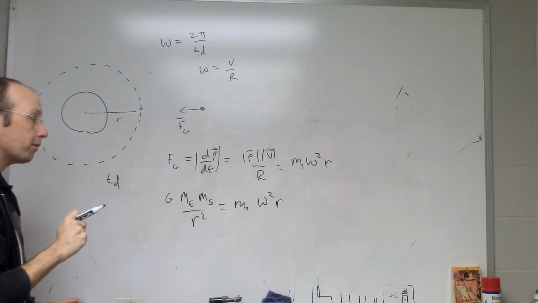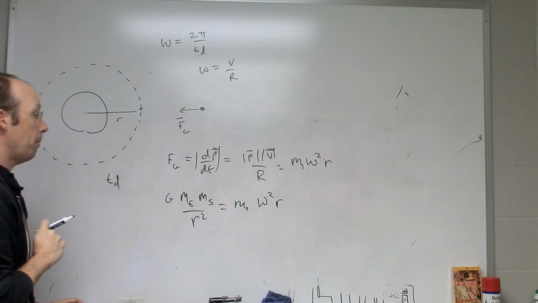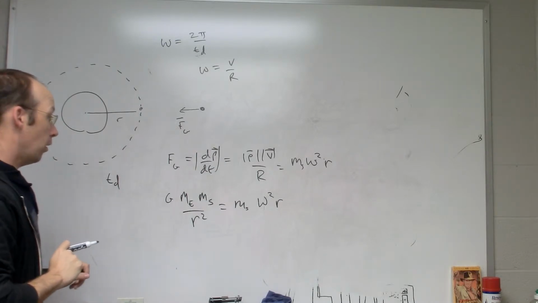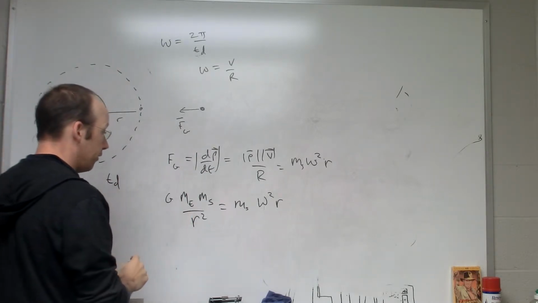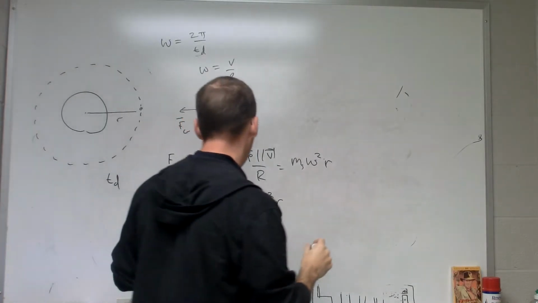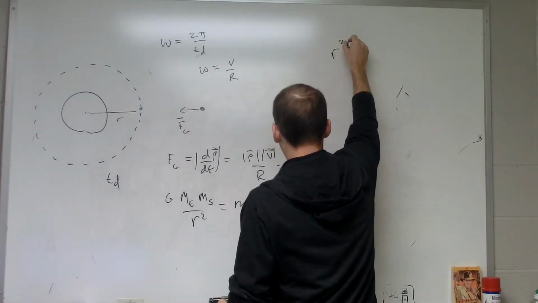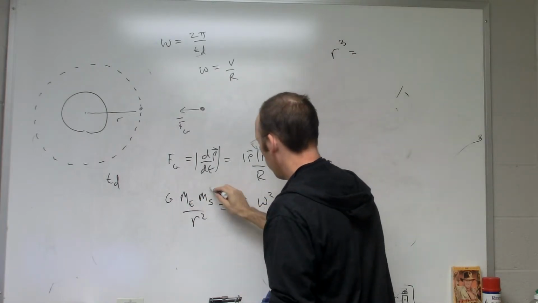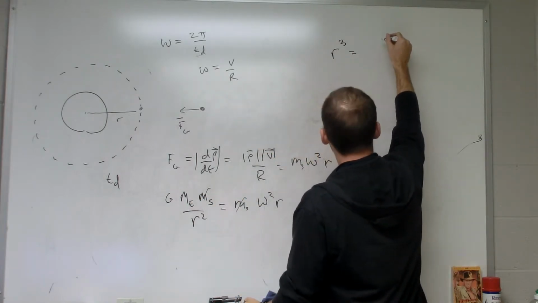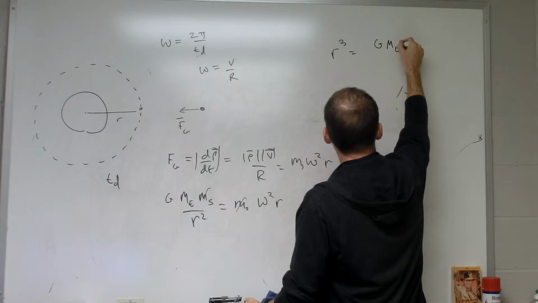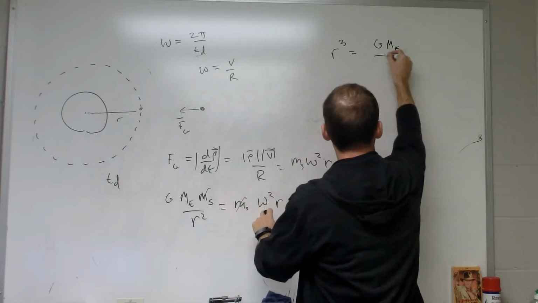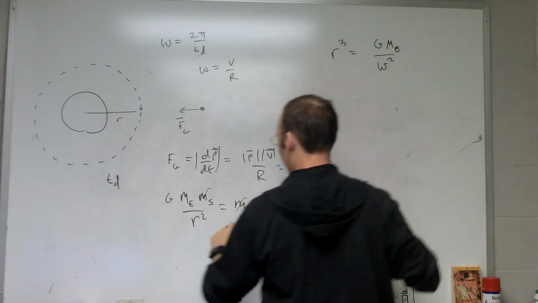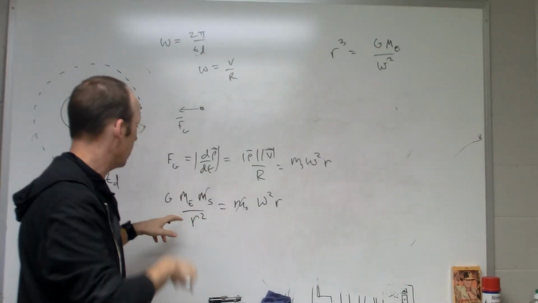Now, what did I want to solve for? I want to solve for the radius, the orbital distance. So let's just algebraically solve this. I get r cubed equals, this mass cancels, G mass of the Earth over omega squared. Check it.